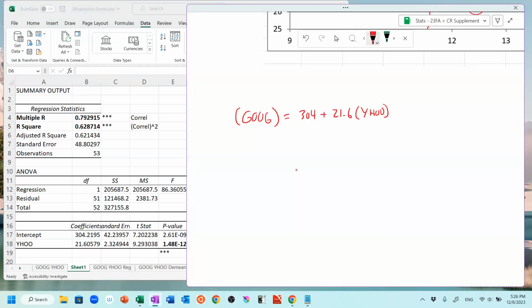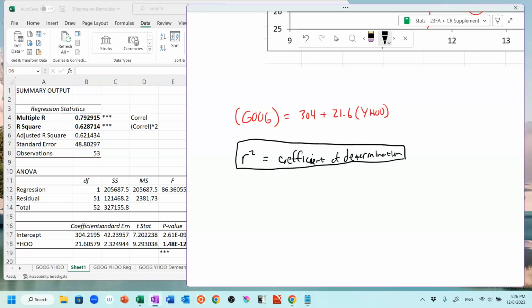But one important point here with R squared, this gets a certain name. It's called the coefficient of determination. And it's essentially the explanatory power of the linear model.